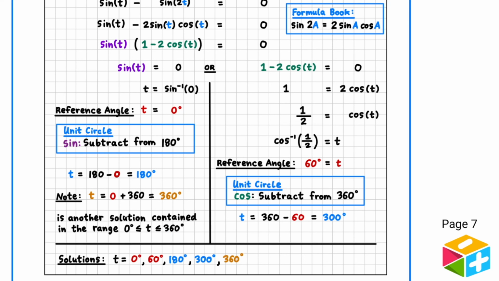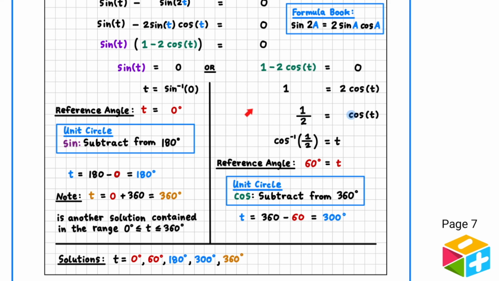Now let's turn our attention to the second equation. 1 minus 2 cos of t is equal to 0. To begin, I'll remove the minus 2 cos of t from the left by adding 2 cos t to both sides. Next, I'll remove the multiplication by 2 by dividing both sides by 2.